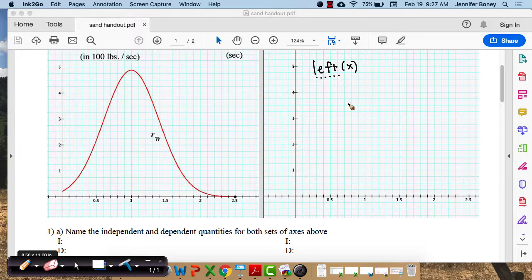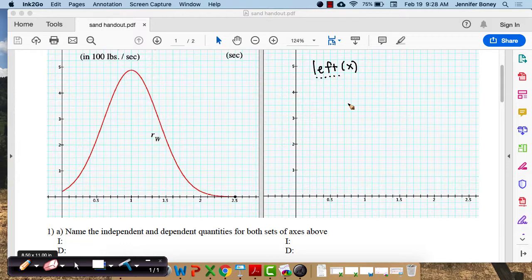So we can express left of x without writing left of x because I know how to count intervals. I know how to find out how many complete intervals there are for any x past a, just based on a and delta x.